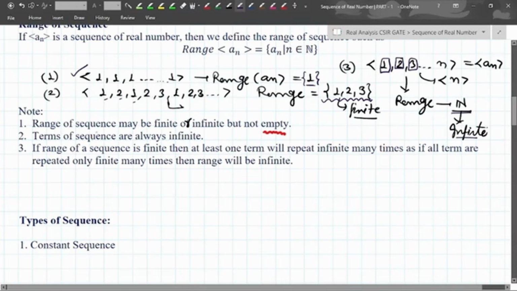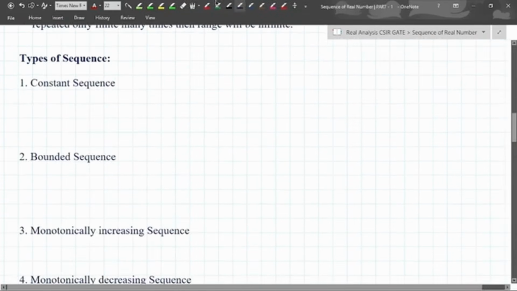Okay, so next we have types of sequences that we are going to discuss here, and that is something important. In types of sequences, first of all, we'll explore what is the constant sequence. So what is the meaning of constant sequence?